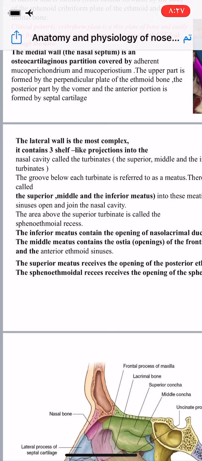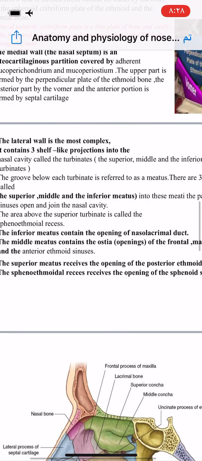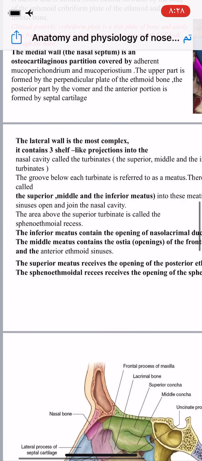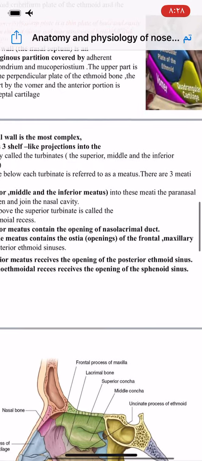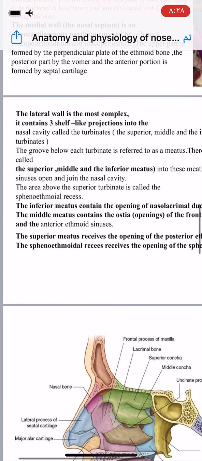The area above the superior turbinate is called the sphenoethmoidal recess. The inferior meatus contains the opening of the nasolacrimal duct. The middle meatus contains the opening of the frontal, maxillary, and anterior ethmoidal sinuses.